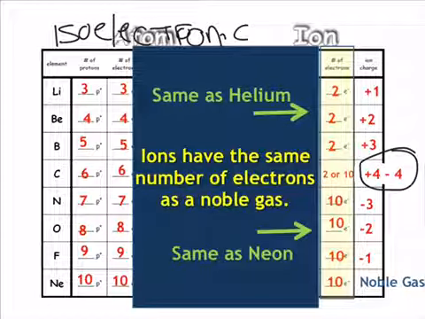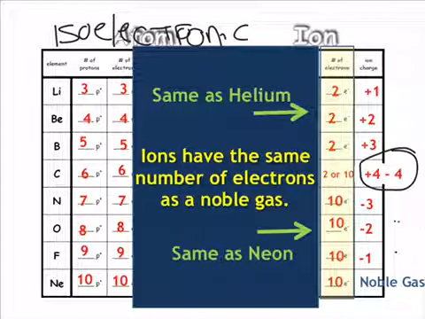So here we have nitrogen, which has gained 3 electrons, oxygen's gained 2, fluorine's gained 1. All of those now have the same electron configuration as another noble gas, neon, which has 10 electrons.